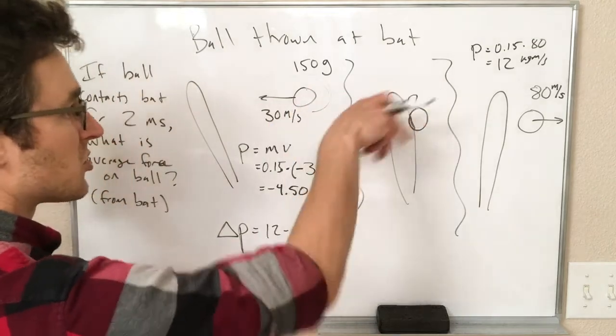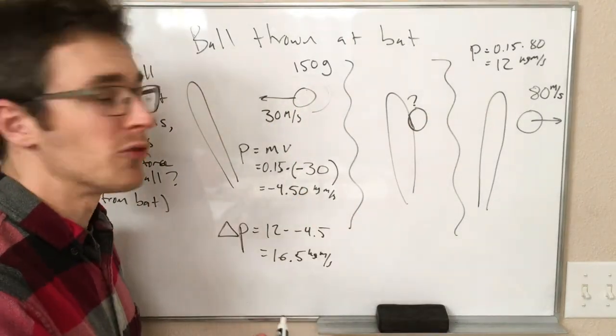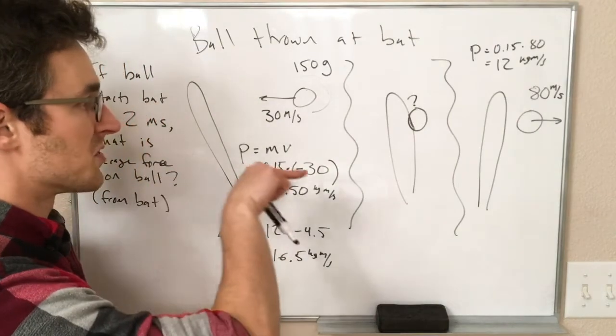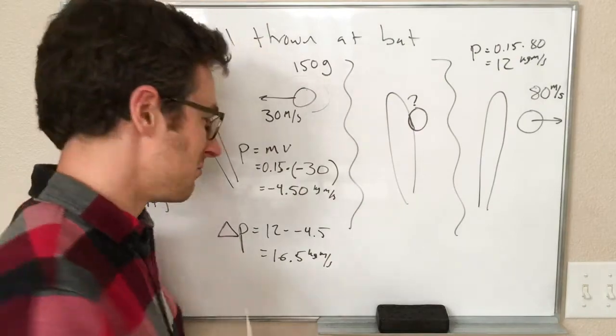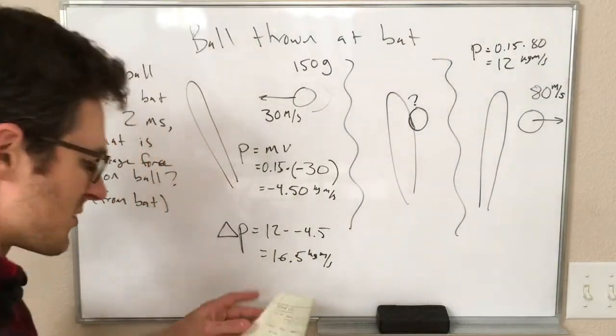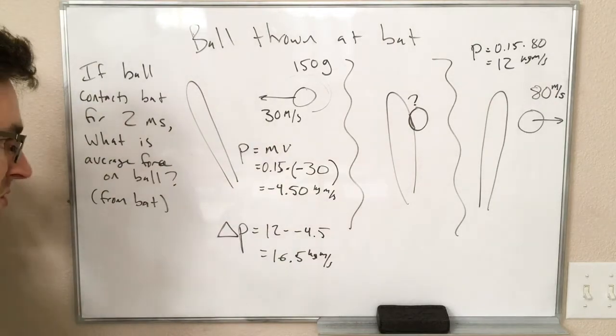So the fact that this ball changes direction makes this impulse even bigger than it would be if the ball was going 30 meters per second and then got hit from behind so that it sped up to 80 meters per second or something like that. Okay, so delta P is 16.5 kilogram meters per second.